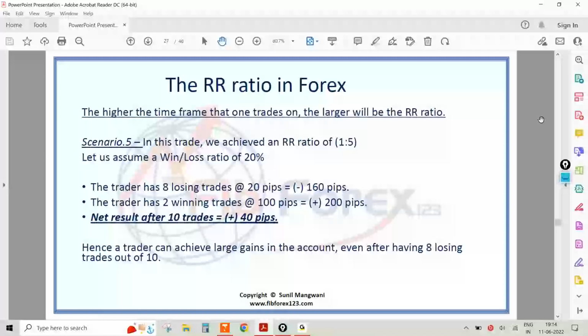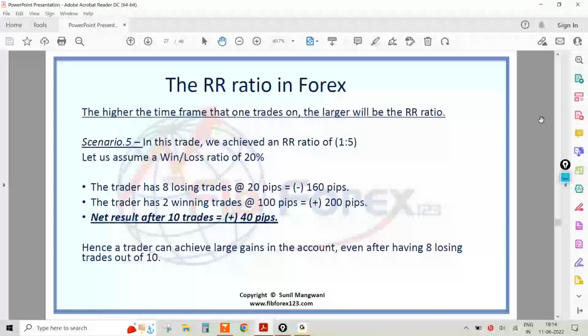But worst case scenario, if I maintain a risk to reward ratio of 1:5 for this, 8 losing trades, 20 pips each, I lose 160 pips. 2 winning trades at 1:5, I make 100 pips on each trade, 200. After losing 8 trades out of 10, my account is still in positive.